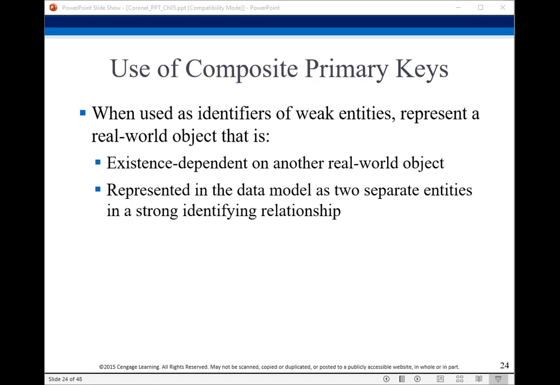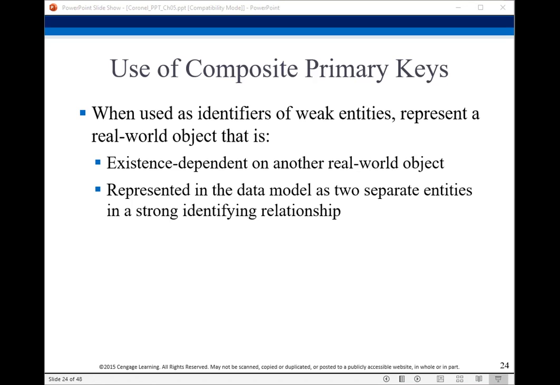So to illustrate the first case, assume we have a student entity and a class entity, and they're in a many-to-many relationship. So in other words, one student can take many classes and one class can have many students. We then put an enroll entity set between them. So each student has many enrollments, and each class has many enrollments.